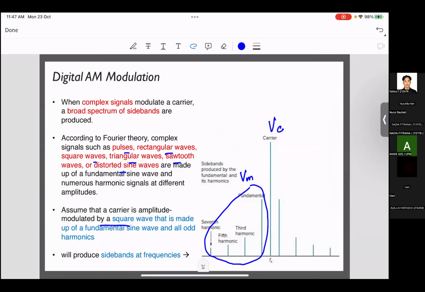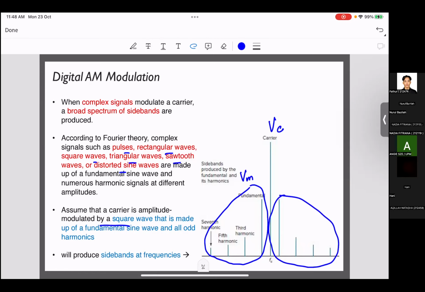The fundamental sine wave frequency is added up with the third harmonic, fifth harmonic, and seventh harmonic. This typically happens because the circuit is very nonlinear, or not really good at what it's doing, so it creates these distortions. This is why a modulating signal becomes complex. And of course, you have this as well. This is not the sideband yet.